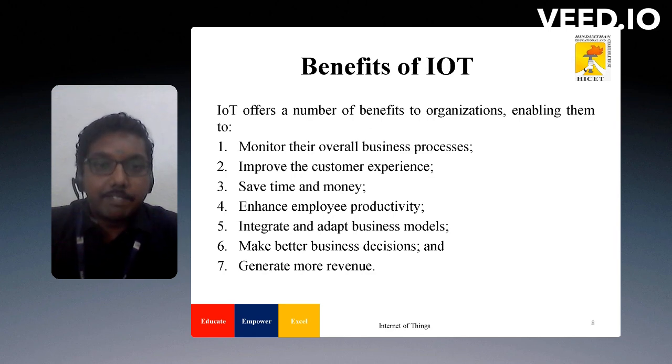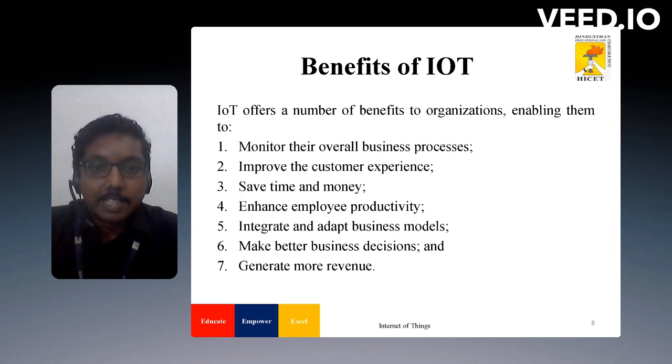So now let's see the benefits of IoT. You can monitor the overall business process, improve the customer experience, and save time and money. That's a very important benefit of IoT, because when you are using multiple devices connected with each other, time management is very simple and the money spent on any activity is very low compared to individual or independent devices. Then enhance employee productivity, so more productivity can be achieved by the employees.